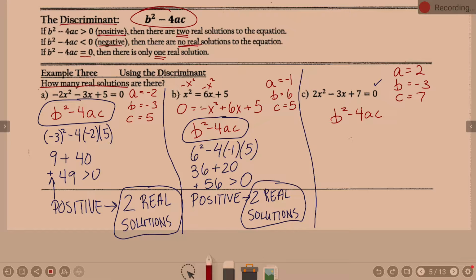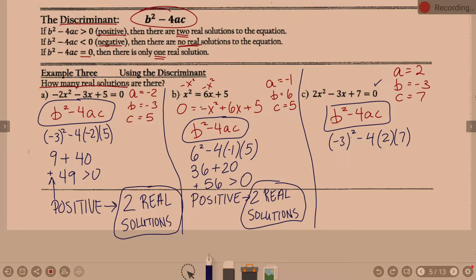B squared minus 4AC. Negative 3, quantity squared, minus 4 times A, which is 2, times C, which is 7.